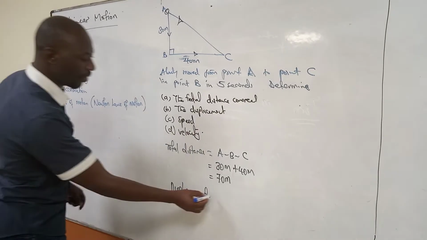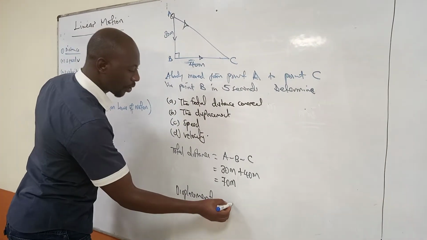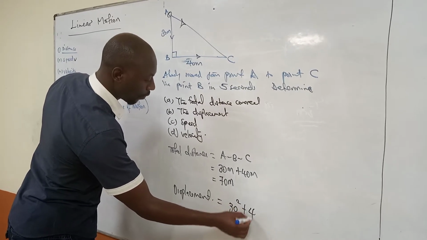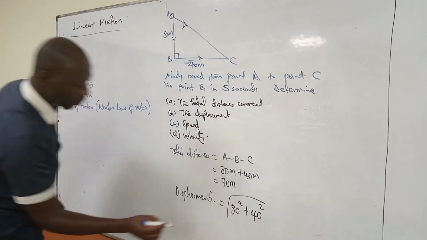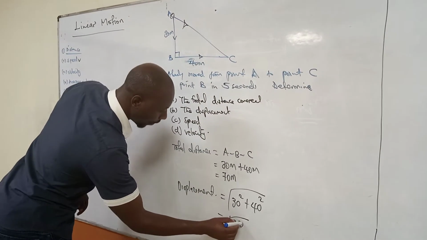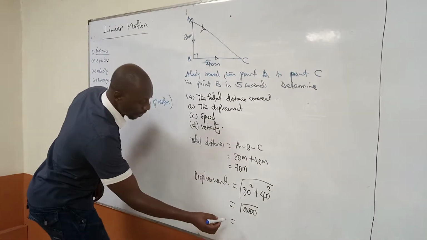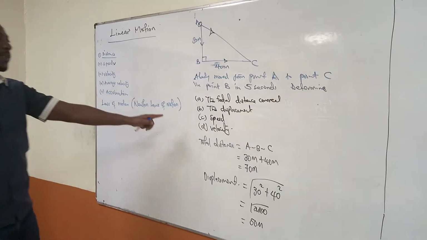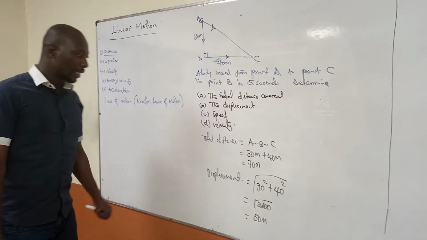The displacement shall be given as the root of 30 squared plus 40 squared. And this is actually the root of 2,500, giving us 50 meters. So the displacement is now 50 meters.